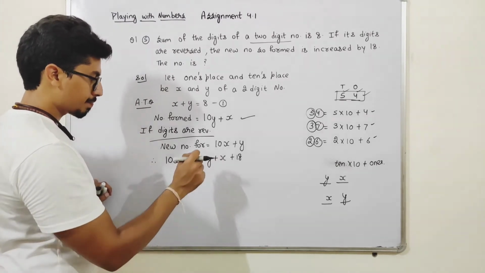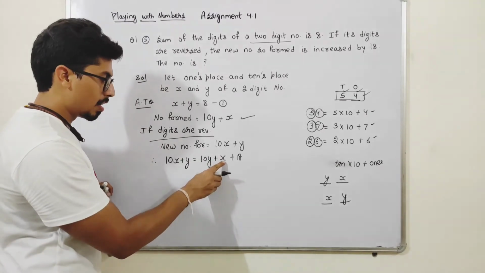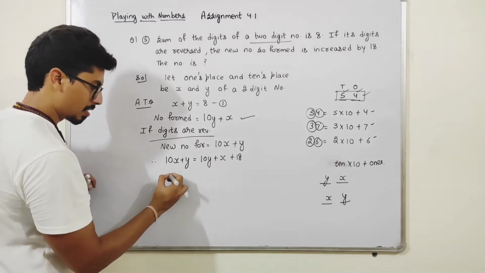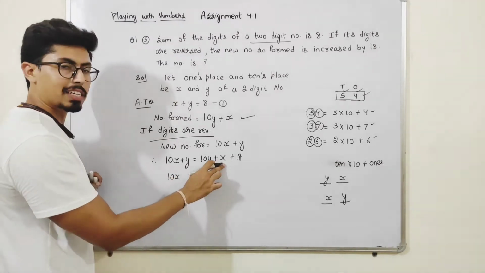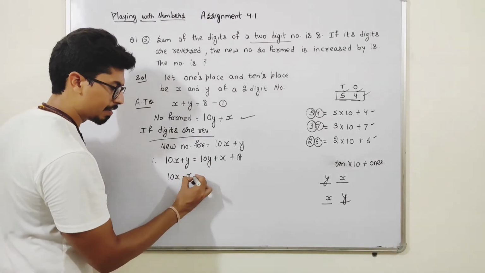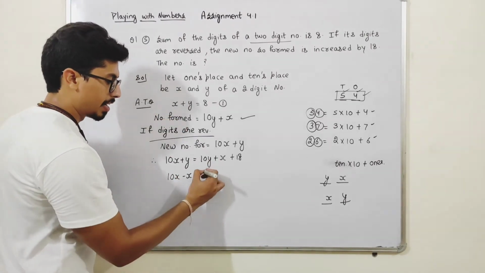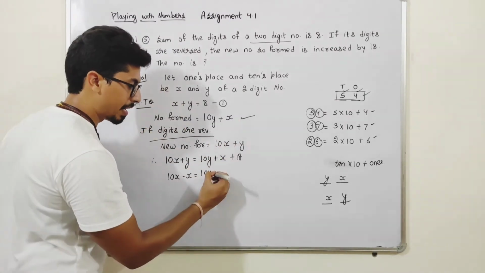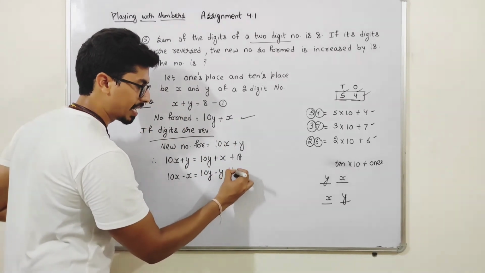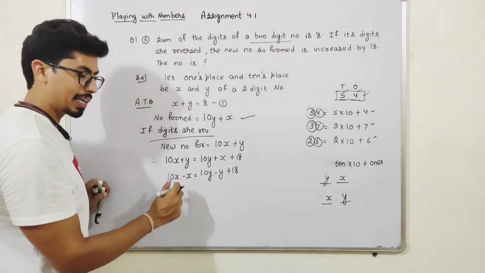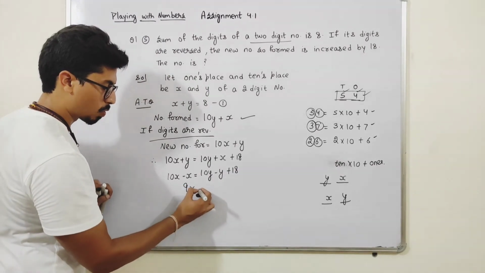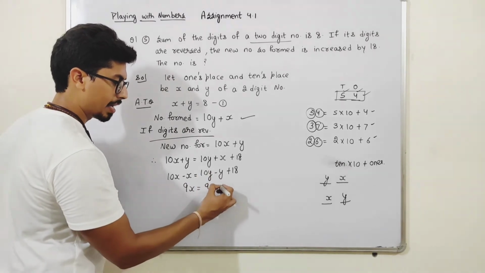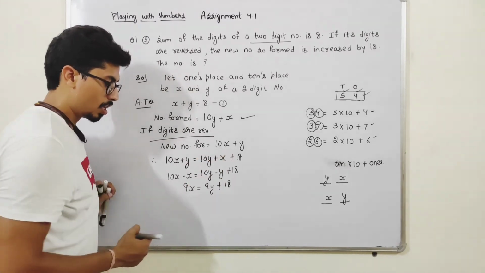Take, see, x is positive here. When it goes here, it will be negative. So 10x as it is, minus x, is equal to 10y as it is, y is positive here, when it goes here, it will be negative, so minus y, plus 18 now. So 10x minus x will be 9x. Okay. 10y minus y will be 9y. Okay. Plus 18.